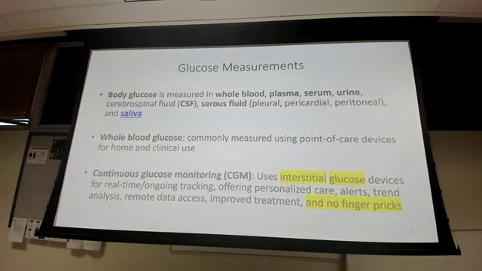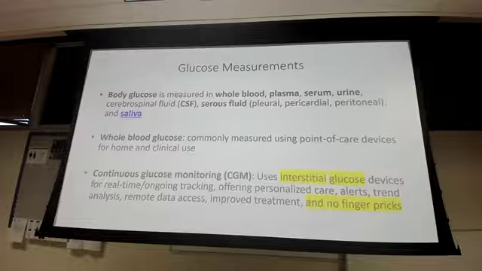And then you have continuous glucose monitoring, those indicators on the back of the arm or the thigh. Those use interstitial glucose, the fluid just around the cells. With continuous glucose monitoring, you do not need to do the fingersticks, since it's already on the person's body.